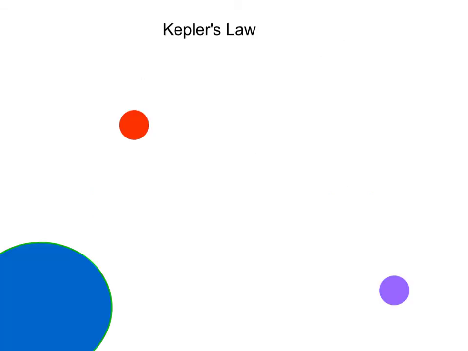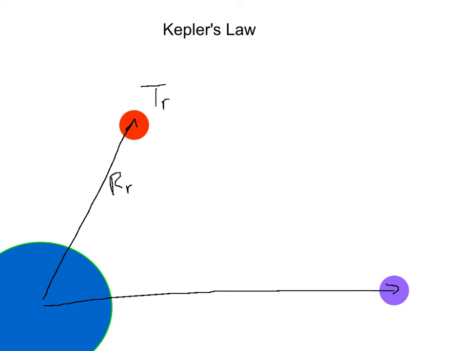Here we have two objects in orbit around a larger object. They could be planets around a sun or moons around a planet. They're basically satellites in orbit. So we have a red one that is at a radius r and has a period Tr, and the purple one, which is at a different radius, Rp for purple, and has a period Tp.